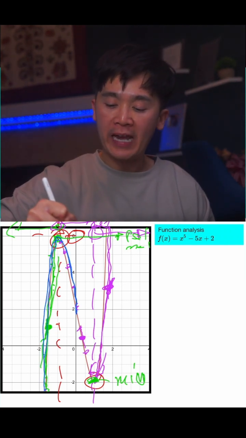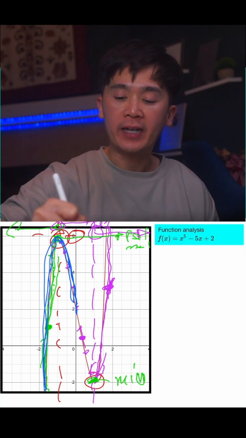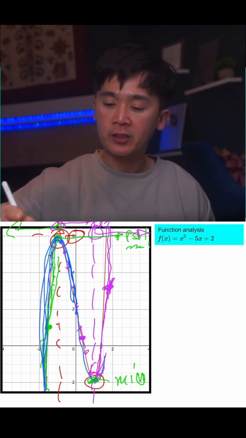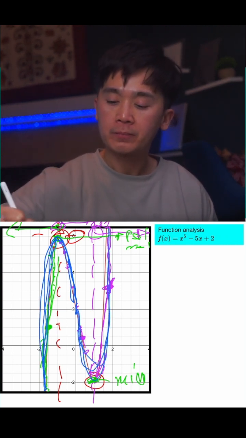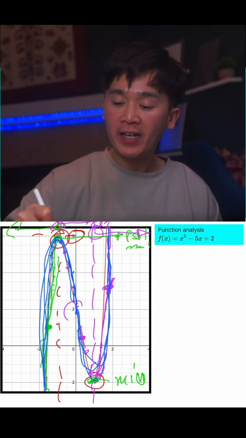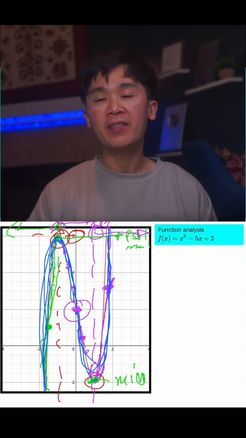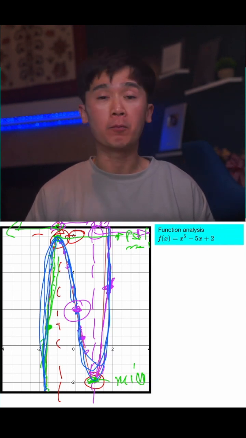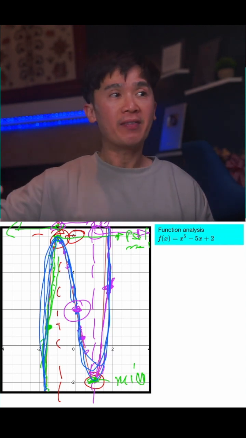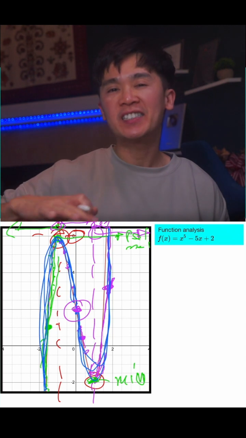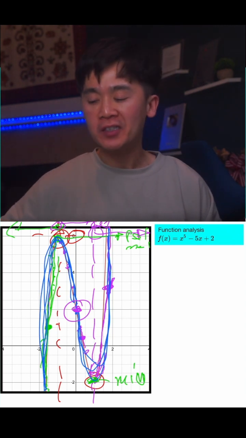We have two concavities: one is concave down, and the other one is concave up, with a point of inflection right here, which is basically the point where the concavity is changing from going up to going down.